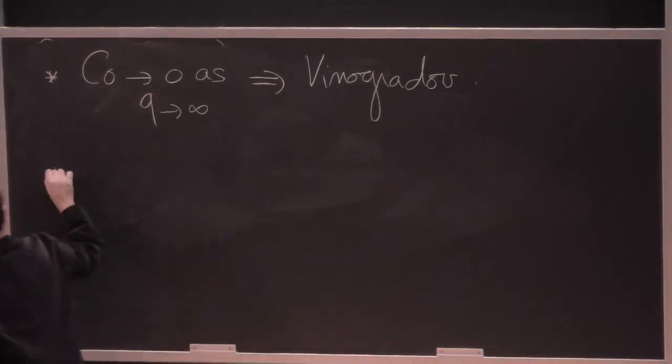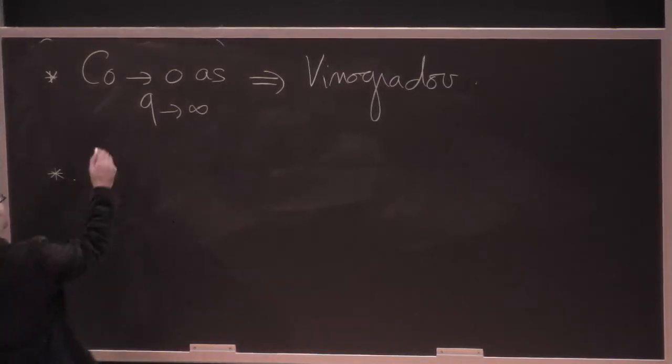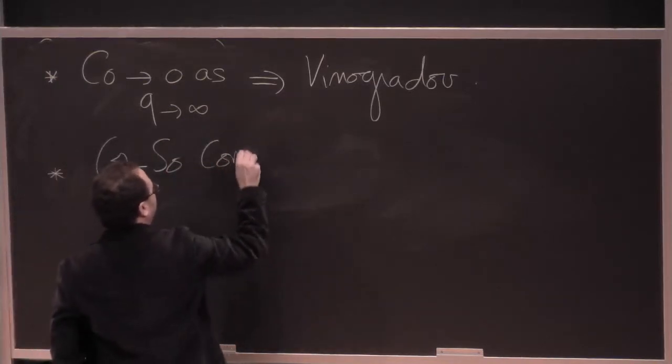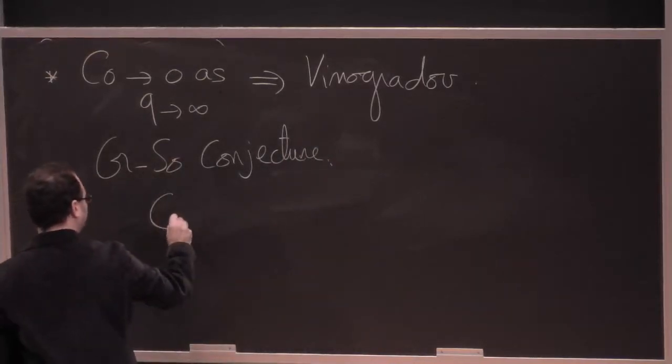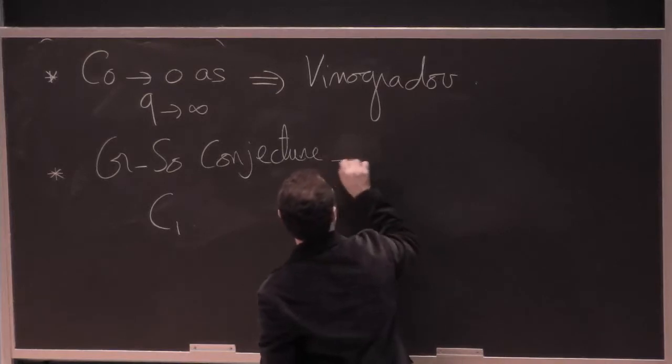And in fact, if you throw in the best possible result that you can hope for, which is this conjecture of Granville and Soundararajan, that half of these bounds should be attained, then you get something stronger even than GRH. So the Granville-Soundararajan conjecture for C1, in fact, in Montgomery and Vaughan, this implies something even stronger than GRH.